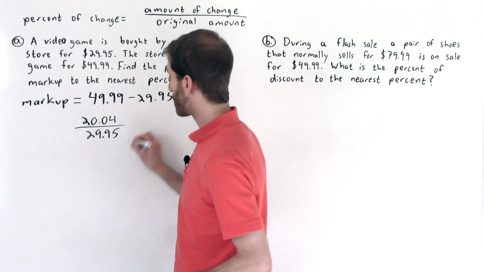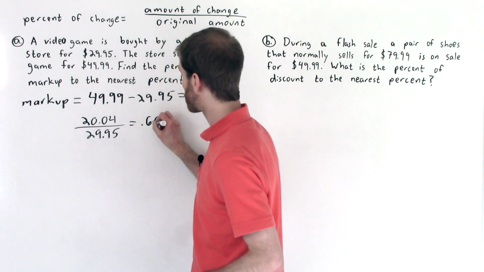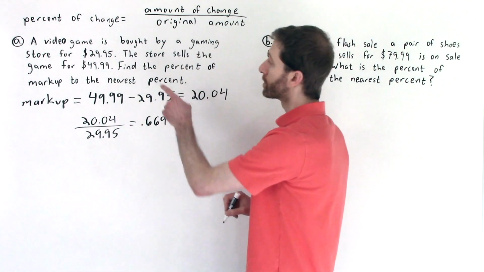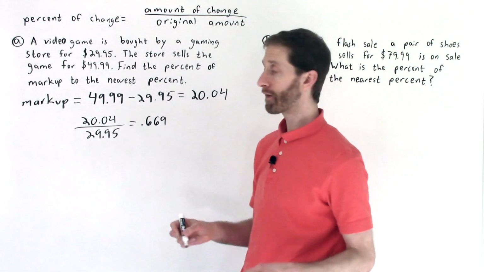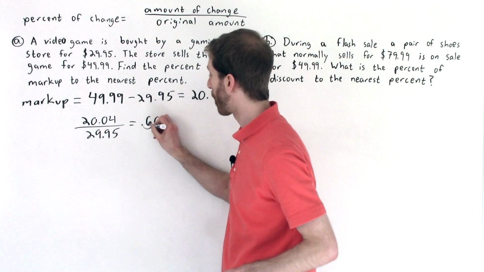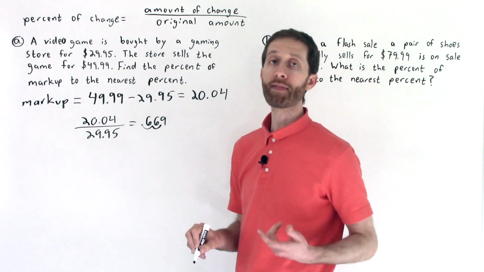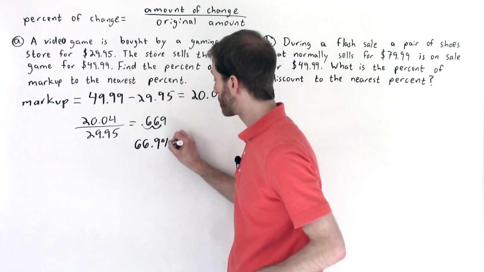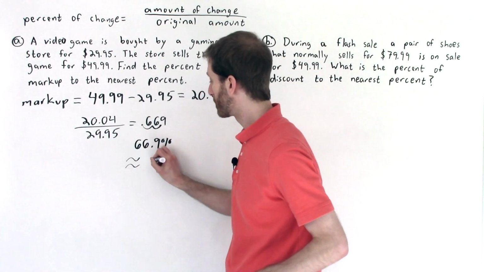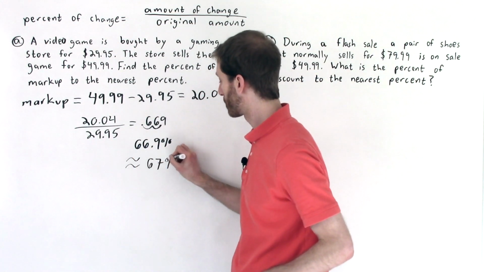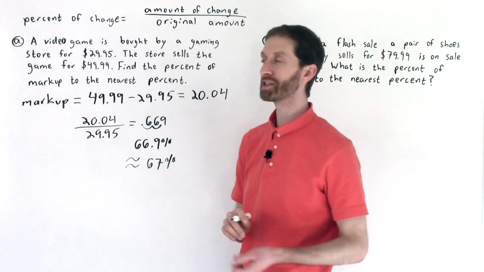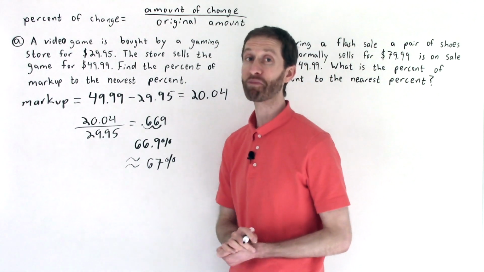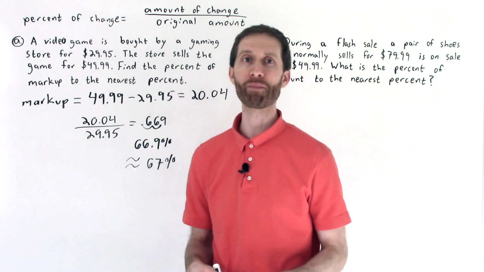When we divide that out, we get 0.669. Now we are asked to find this to the nearest percent, so let's find it as a percent. We move the decimal point 2 places to the right, and that gives us 66.9%, which is approximately 67%. So it's a markup of 67%. Pretty solid profit, an amount of money made by that store.